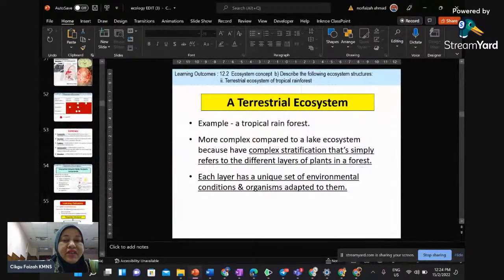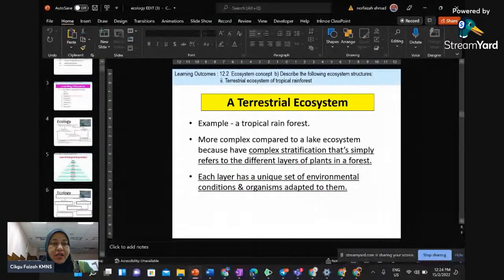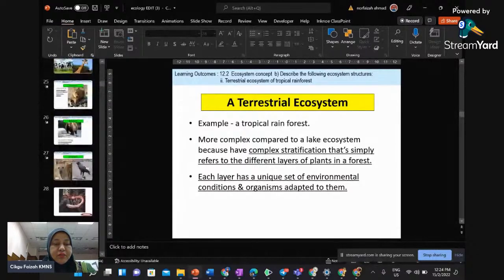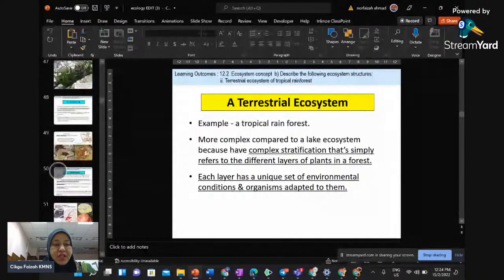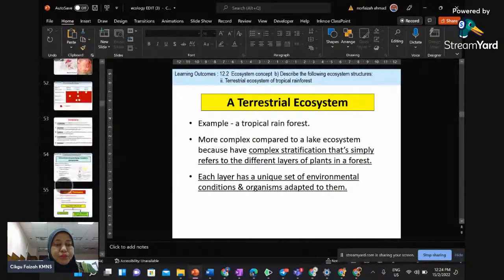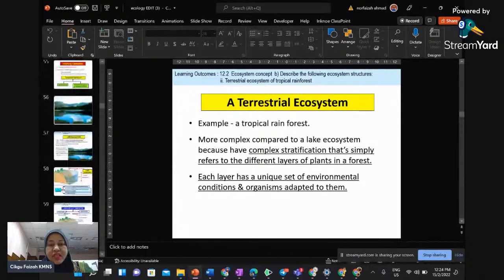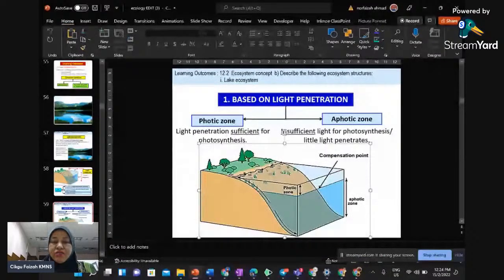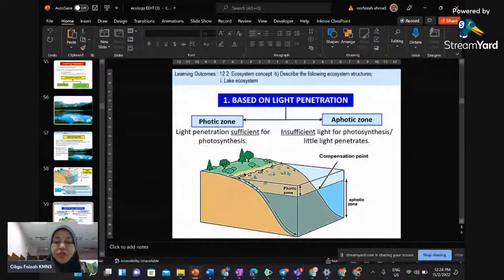Okay, from the notes given you all boleh nampak the ecological, the lake ecosystem. This one is slide cikgu ni, class. Okay, lake ecosystem. So as you can see here, class, right, okay, cikgu paste dekat my ni.